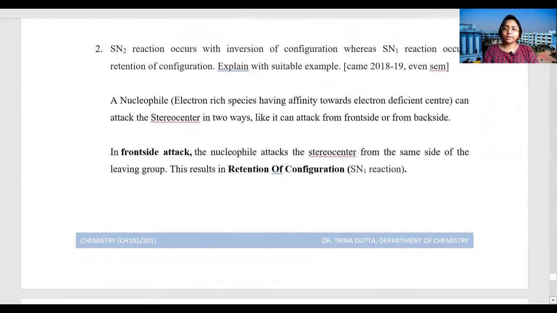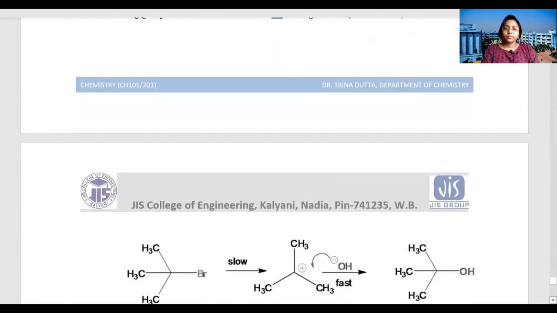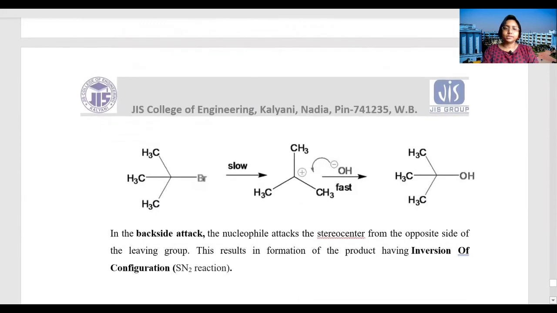So look at the structure. It is the SN1, so the nucleophile attack occurs at the same site. What you can see here is that the bromine is on this site, and the nucleophile OH attacks this carbocation at the same site.